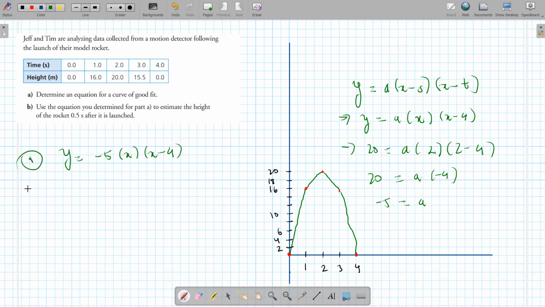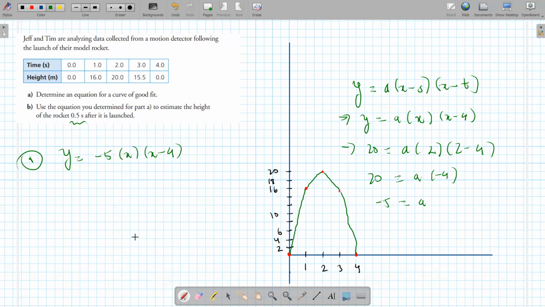Part B, use the equation you determined to find the height after 0.5 seconds. So is x 0.5 or is y 0.5? x is 0.5. x is always time.